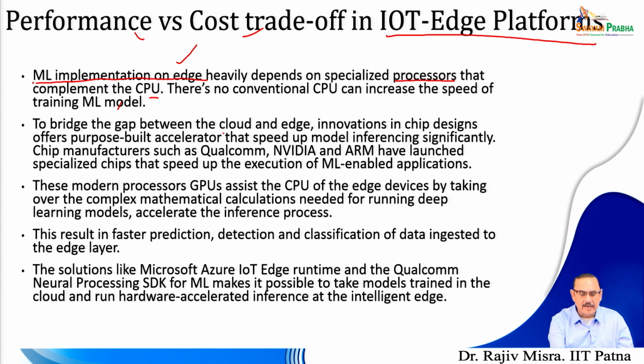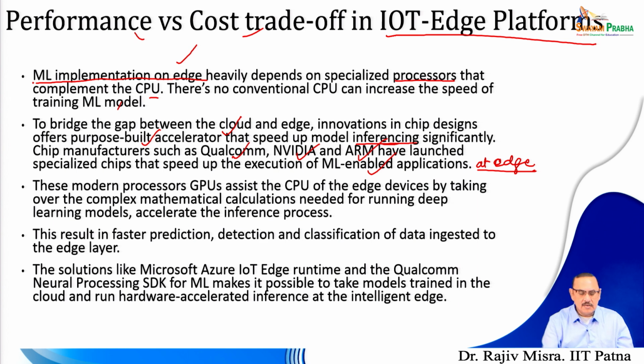Now, to bridge this gap between the cloud and the edge, the innovation in chip design offers purpose-built accelerators that speed up inferencing significantly. Chip manufacturers like Qualcomm, NVIDIA and ARM have launched specialized chips that speed up the execution of machine learning enabled applications at the edge.